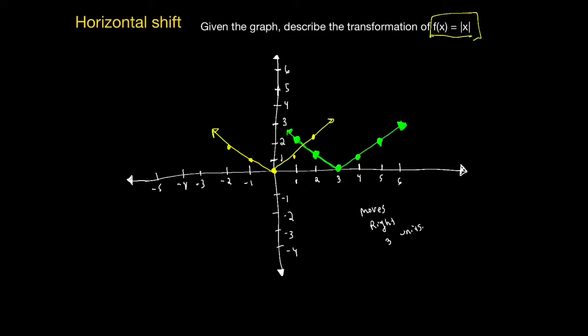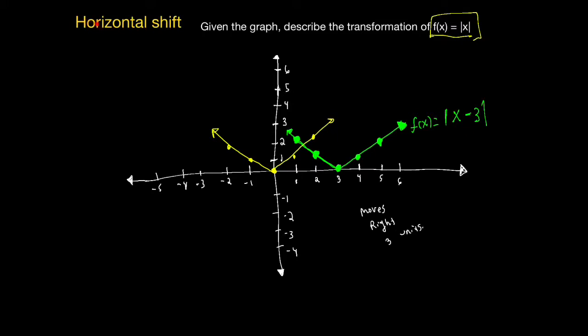Now the interesting thing here is that you may think that we're going to have to add 3, but in reality we have to subtract 3. We're going to write the green function as f of x equals the absolute value of x minus 3. So if we're moving to the right, we're actually subtracting inside the parentheses.